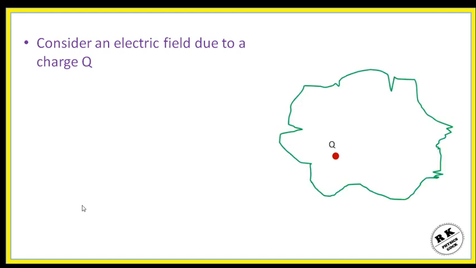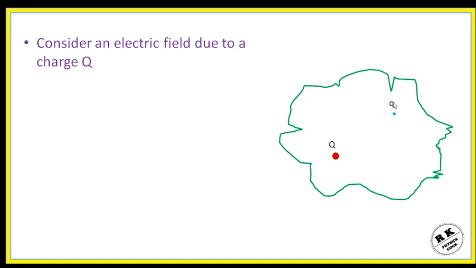Let us suppose that there is a test charge q, small q. Here capital Q is the big charge. The magnitude of charge is greater than the test charge. Normally we take unit positive charge as test charge.